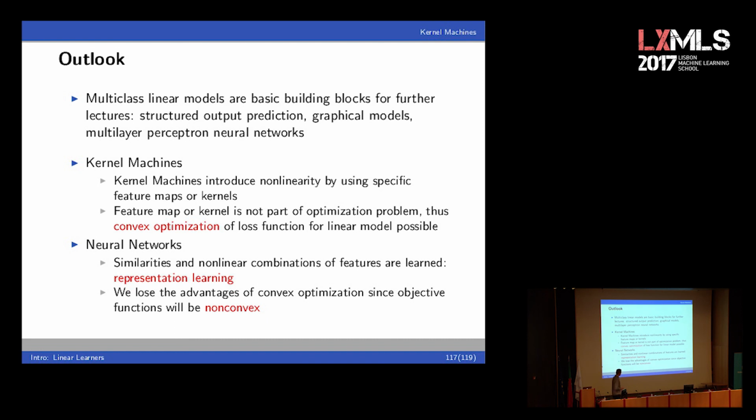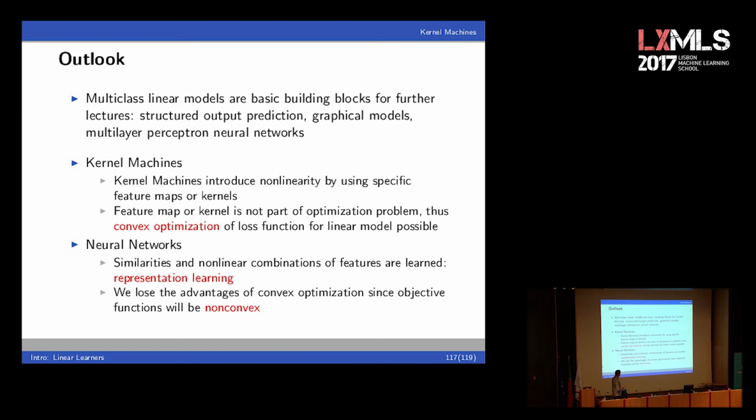Neural networks learn the combinations of features, so it's not that you define a polynomial kernel that takes the products, deciding which products to take and the order of the products. It's learned in the neural networks.